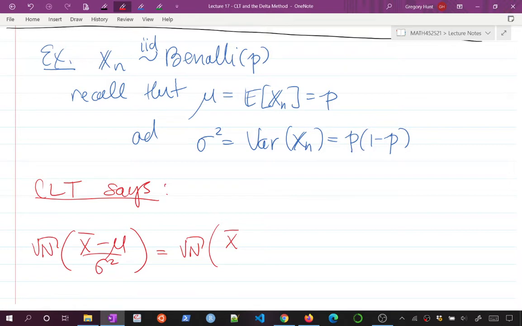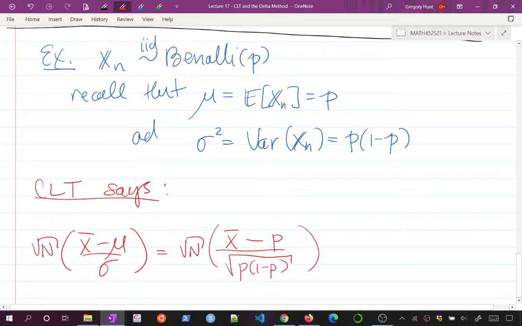And so we can talk about the asymptotic behavior of it. CLT says that x bar minus the mean, p, over, whoops, that should not be a sigma squared, that should be a sigma. So what's sigma in this case? Root p times 1 minus p. That quantity will converge in distribution to a standard normal.